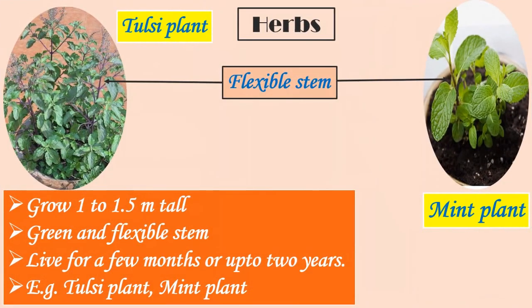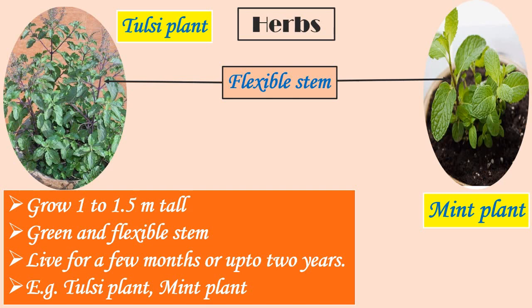Let us see some distinguishing features of herbs. The stems of herbs are green and quite flexible as compared to those of trees and shrubs. Herbs grow 1 to 1.5 meters tall.